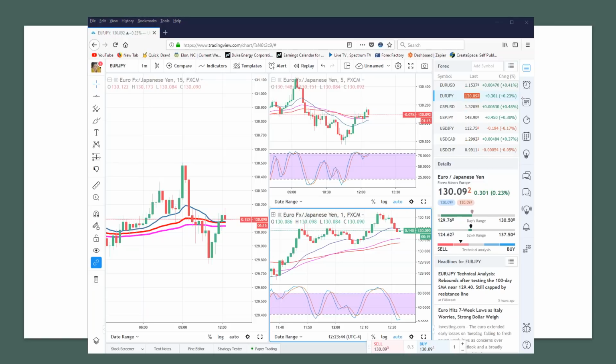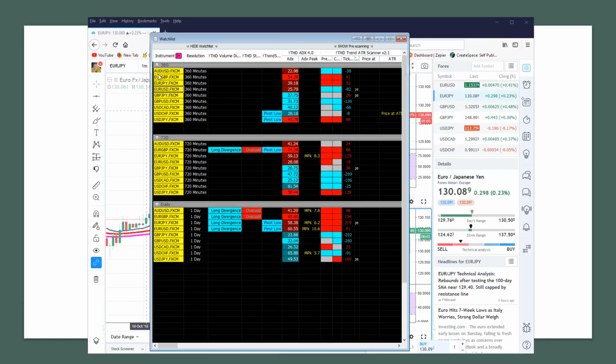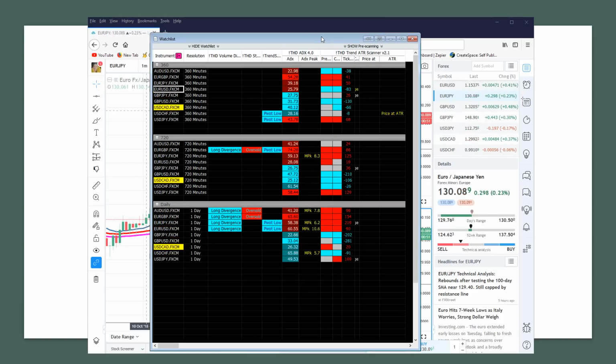I use one that, let's see. I have one that this is called a scanner. So I can tell you everything that's going on in all of these time frames. It's more what I would call heavy duty, okay?